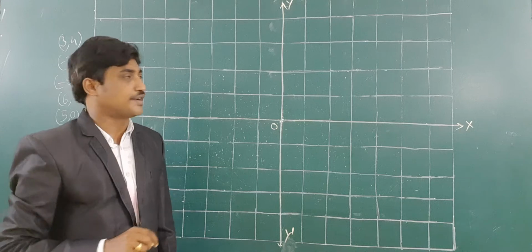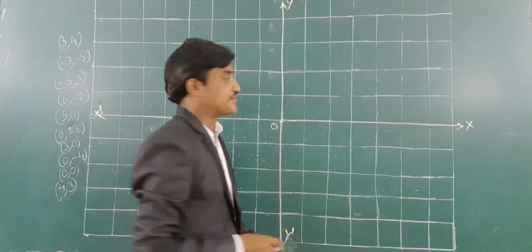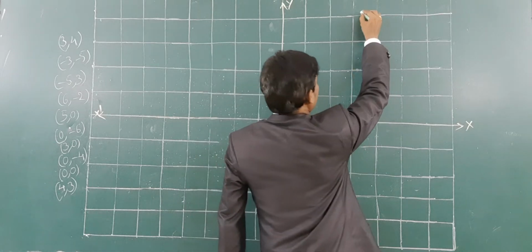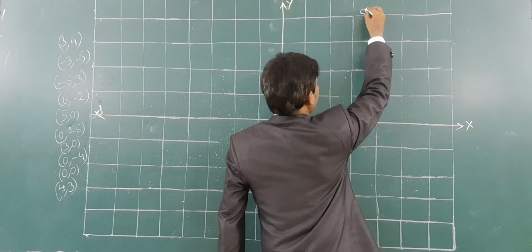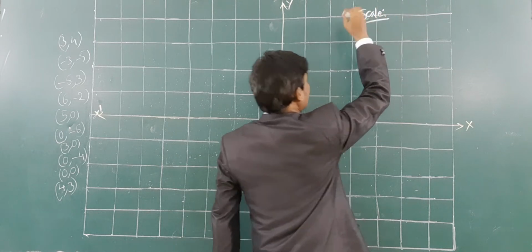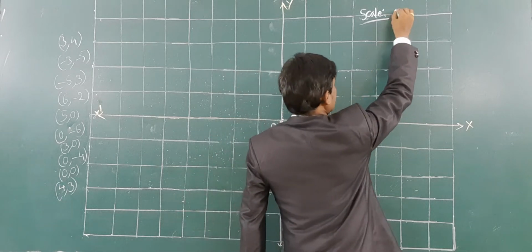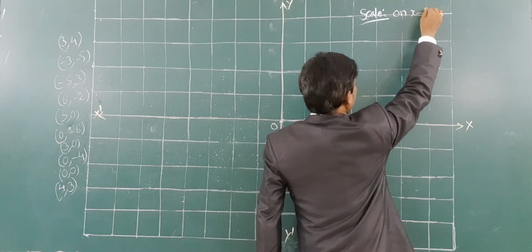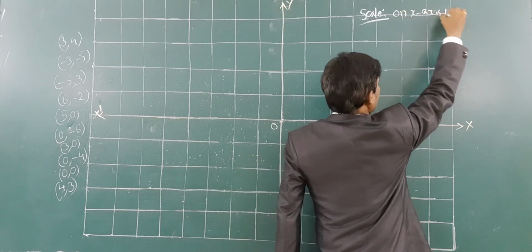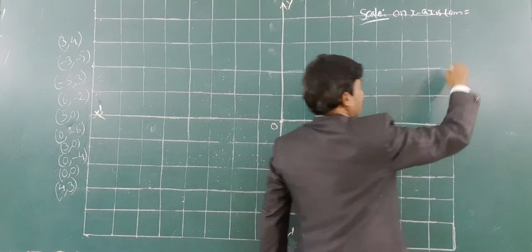To plot the points, first of all, we need to write the scale on the top. Scale I am taking on the x-axis: 1 centimeter is equal to 1 unit.